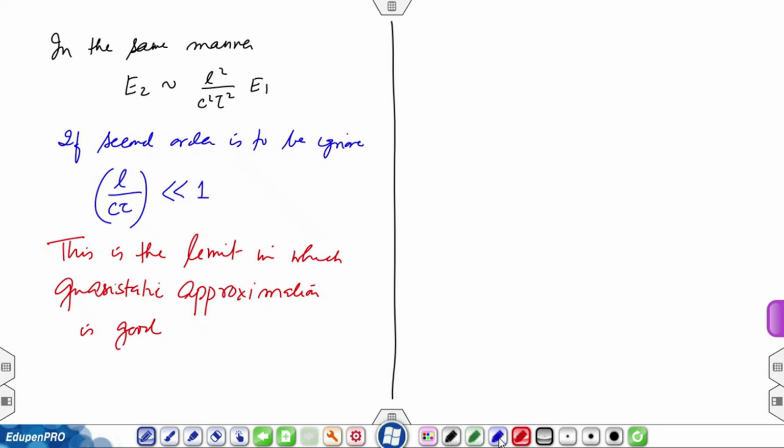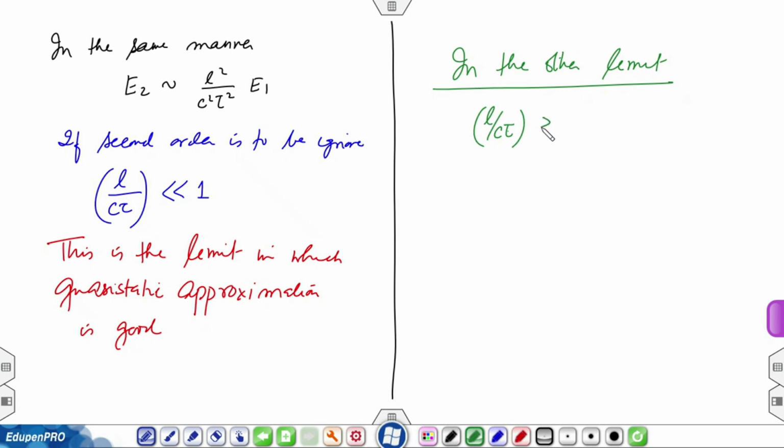If you go to the other limit, B1 by itself may just die down, and L over c tau would be much greater than 1, and in this case we get self sustaining fields. So, here is a source or a boundary. Let me make the boundary thicker.